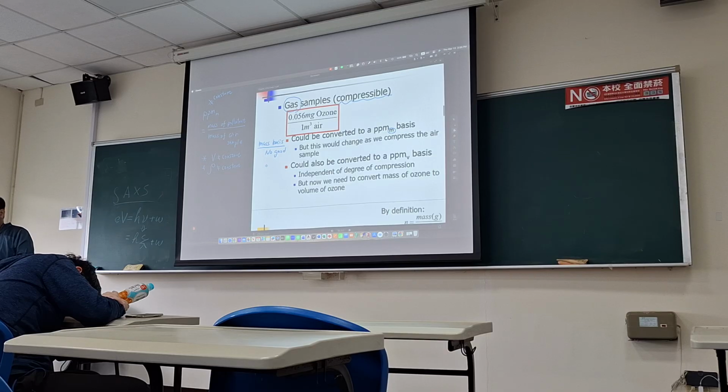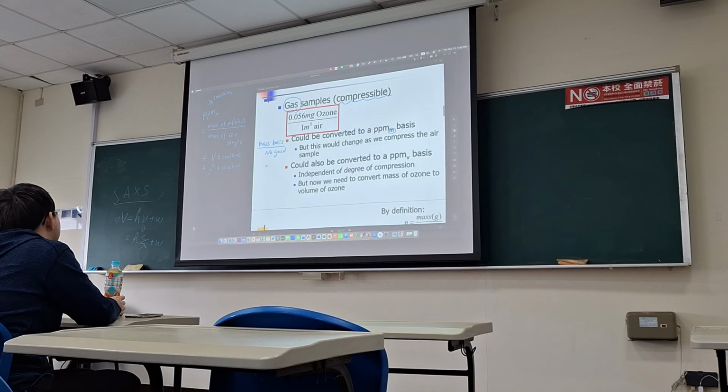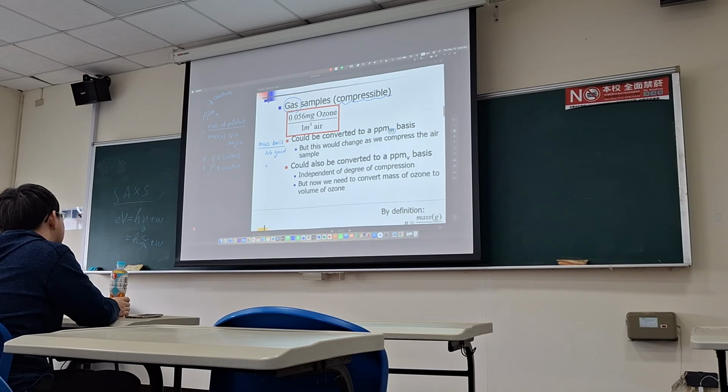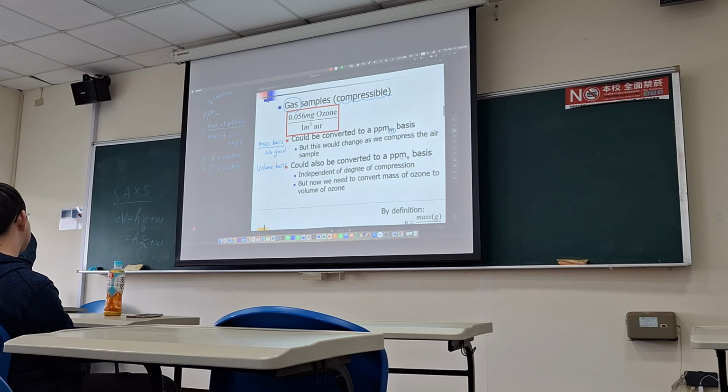For the air sample. But good for solid samples, right? Because solid is incompressible. So for gas samples, we like to use the volume basis. So we have a subscript V here.